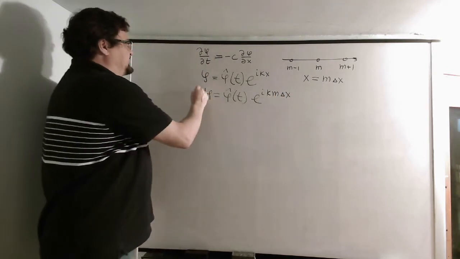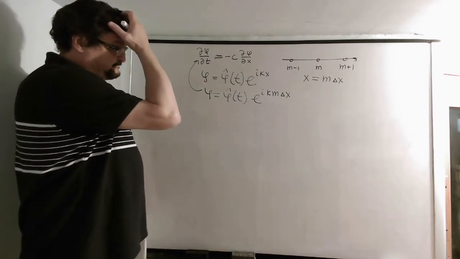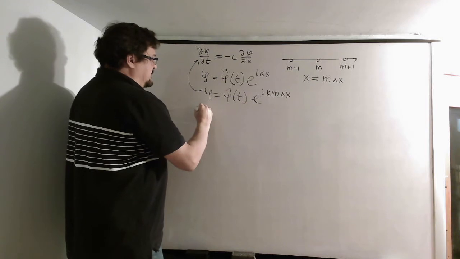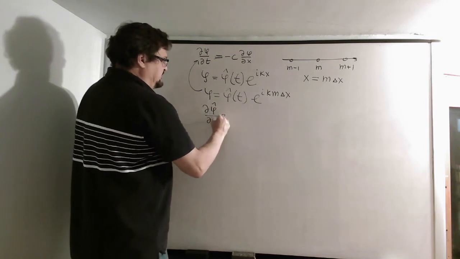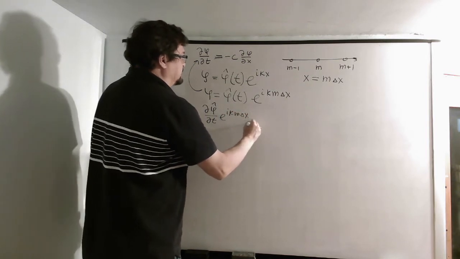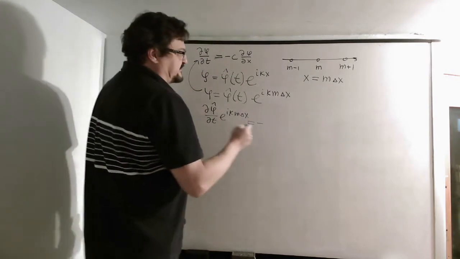So now we substitute it in this equation and see what actually happens here. So we have d phi over dt e to the I k m delta x equals minus c. And we use central differences.